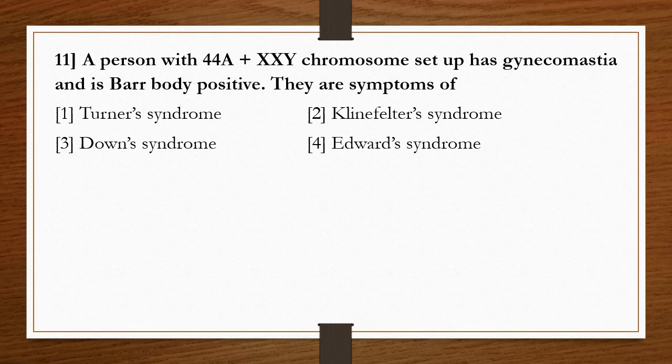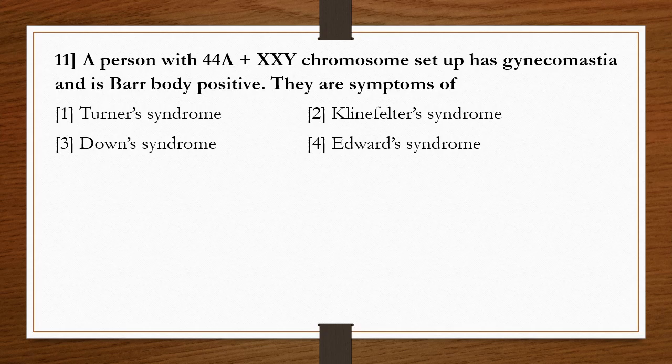Question number 11. A person with 44A autosomes plus XXY chromosome set up has gynecomastia and is Barr body positive.